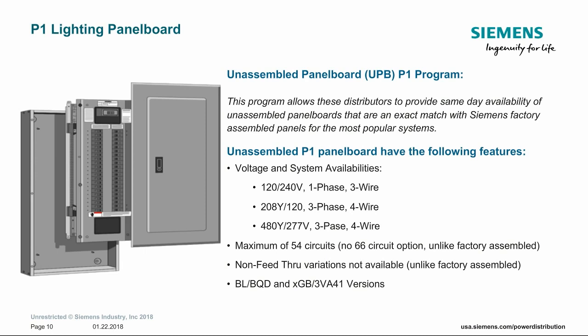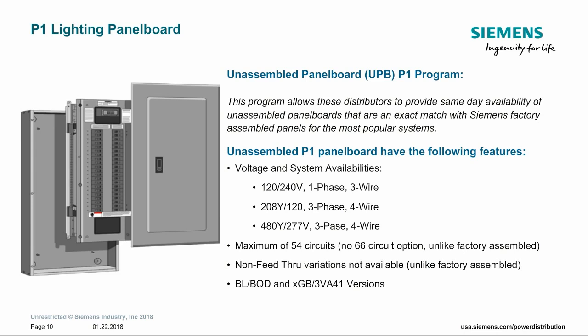One important thing to note about our P1 lighting panel boards is that they are very commonly used in industry today. Siemens sees the importance of this, so we created an unassembled panel board, or UPB program, specifically for these P1 panel boards.